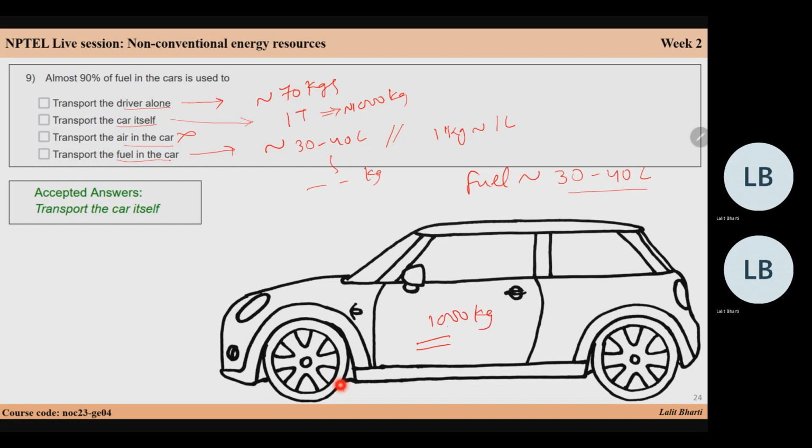So here we can see that yes, 90% of the fuel is used just to move the car, which is real. The car itself is 90% of the overall weight, including driver and the fuel.